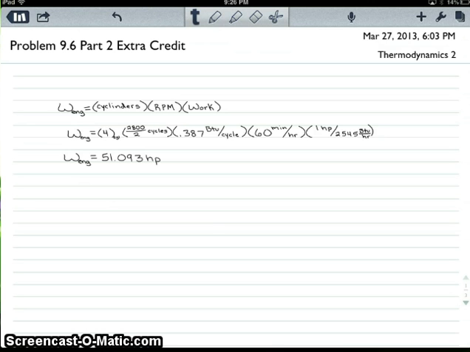Transformed into our wanted value, you see 4 cylinders times 2800 divided by 2, due to the fact that 2 revolutions is 1 cycle, times our work, which is 0.387 BTUs per cycle, times 60 minutes per hour, times 1 horsepower per 2,545 BTUs per hour, which gives you our ending value of 51.093 horsepower.